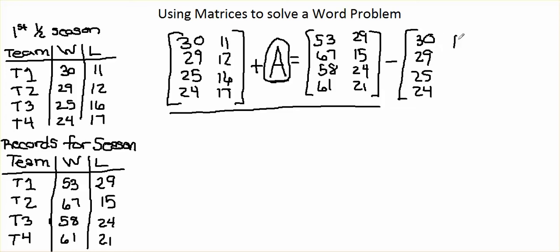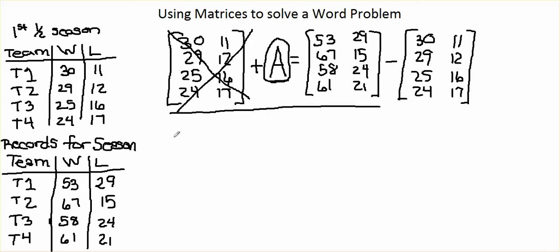And then the matrix on the left-hand side would go away. It would cancel out after you subtracted it. So I'm just going to go ahead and exit out over here. And now we're left with the matrix equation that we can solve for. Matrix A equals the record for the entire season minus the records for the first half of the season. This operation here will give us the records for the second half of the season.